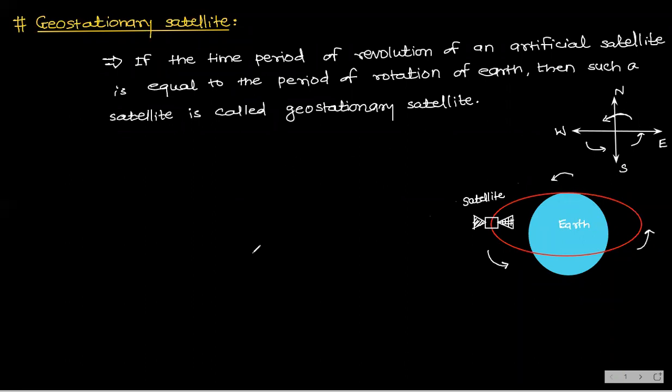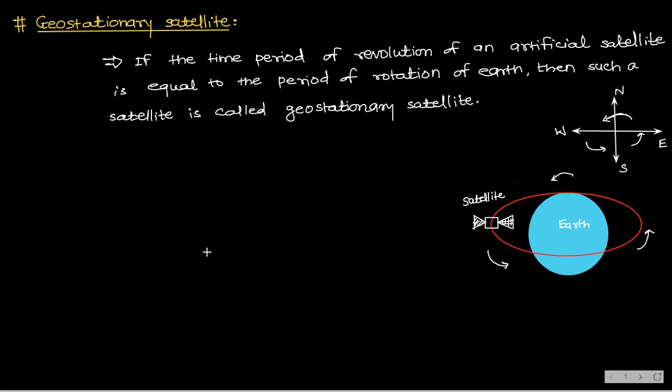And if we see the rotation of Earth, already I told you, if this is an axis, then Earth will rotate about this axis with angular velocity omega. That is also from west to east only. Clear? Any doubt? Understood?